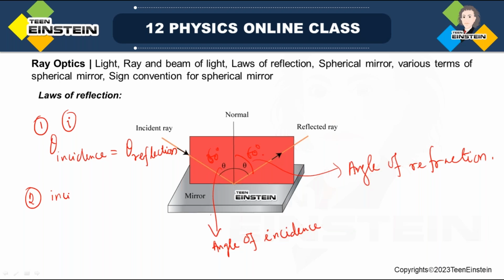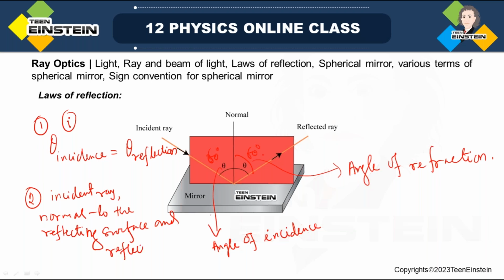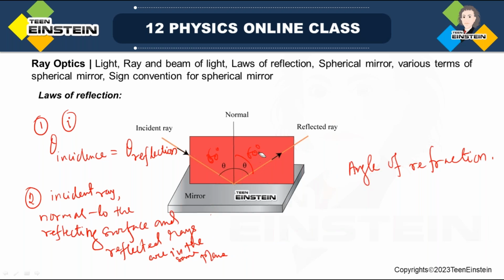So the incident ray, the normal to the reflecting surface, and the reflected ray are in the same plane. These are the two laws of reflection.